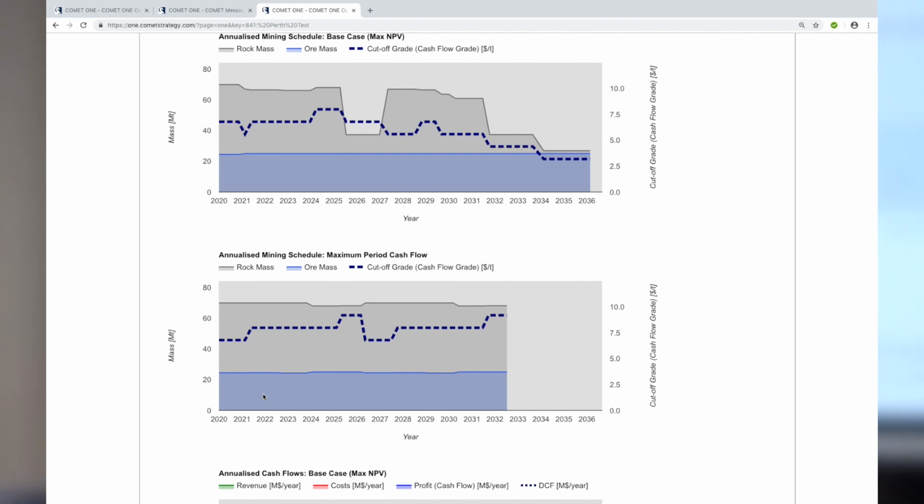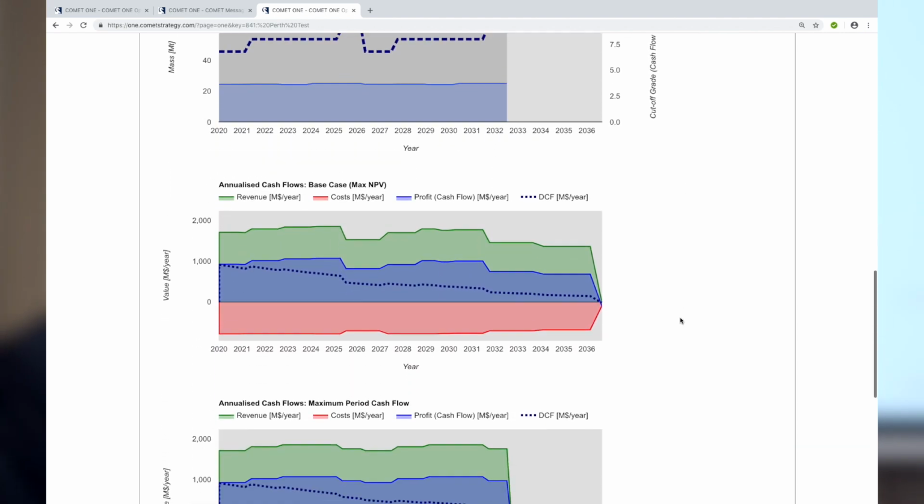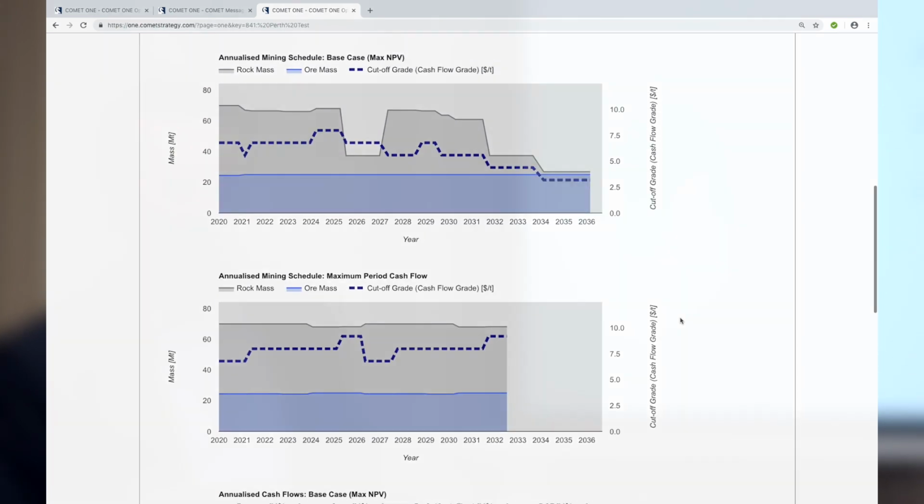Yep. And how's that? How do we achieve a smaller life? So we've increased the cut-off grade.